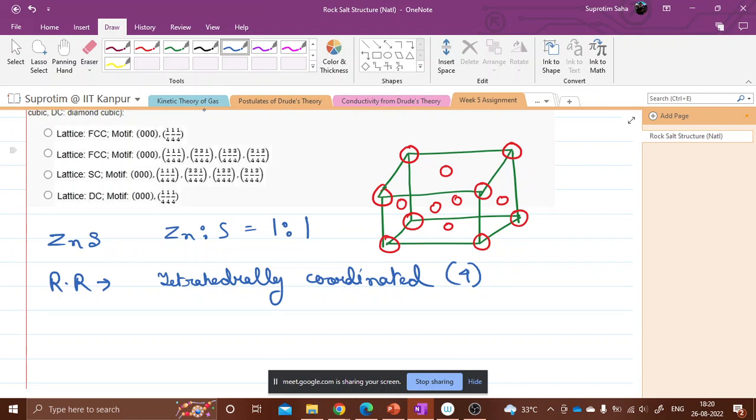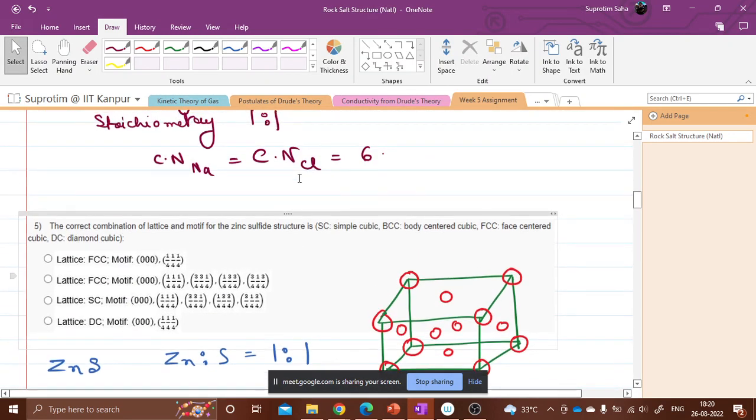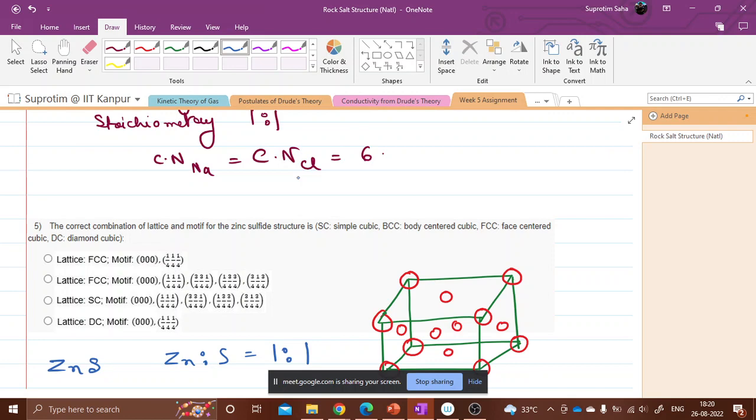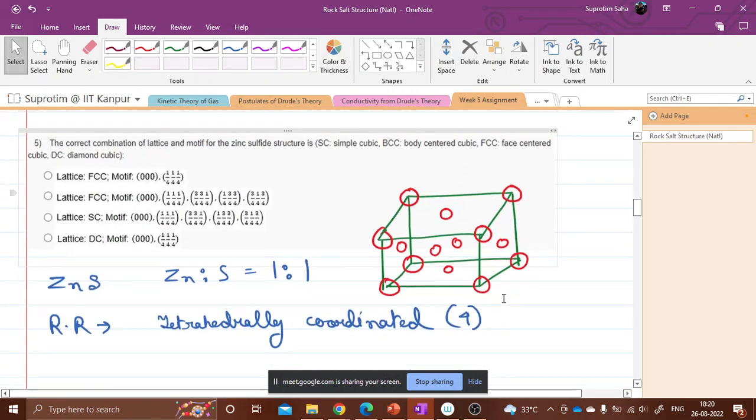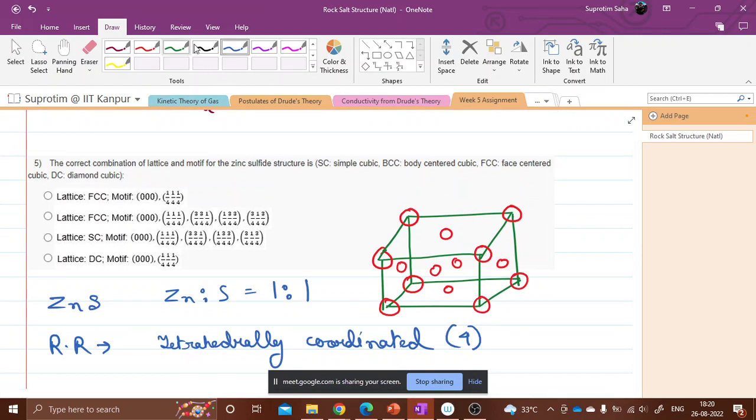So the zinc sits at the tetrahedral void. Okay, so let us draw the zinc at the tetrahedral void.